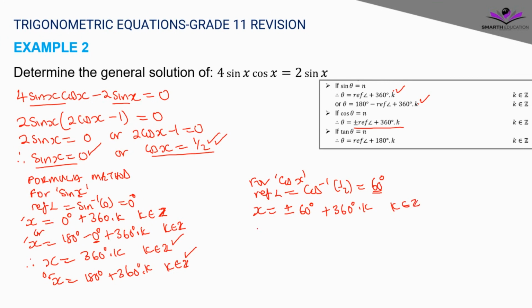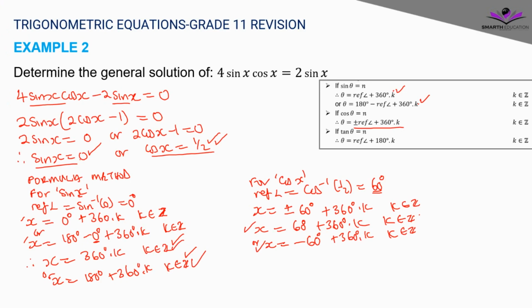We can write these separately: x is equal to 60 degrees plus 360 degrees times k, where k is an integer, or x is equal to negative 60 degrees plus 360 degrees times k, where k is an integer. So for our general solutions, we have this and that. That's when you're using the formula method.